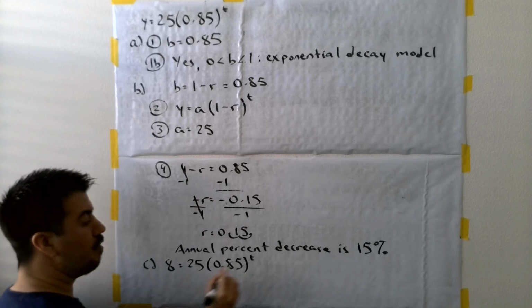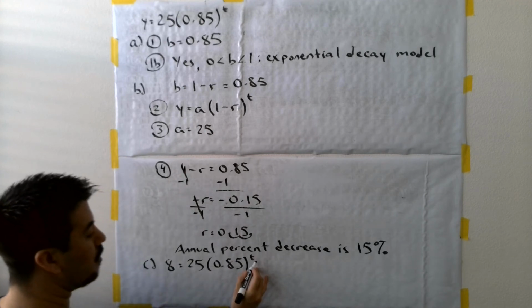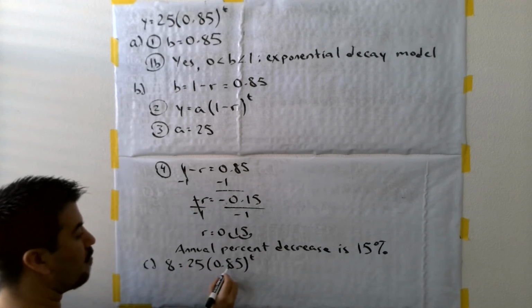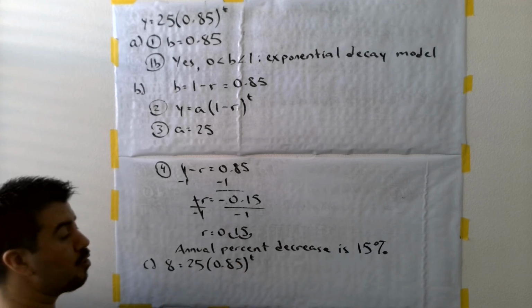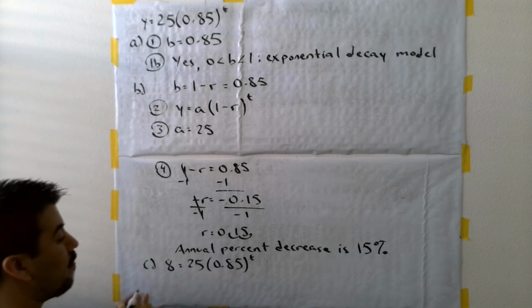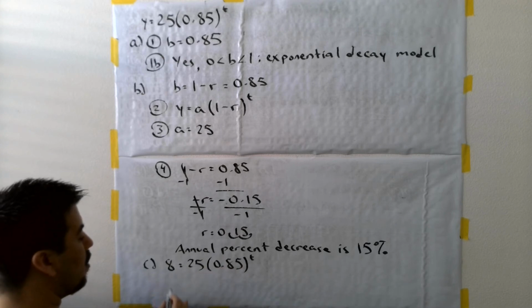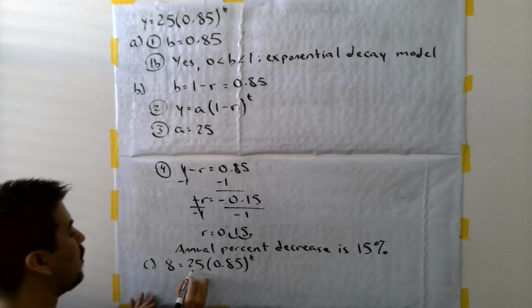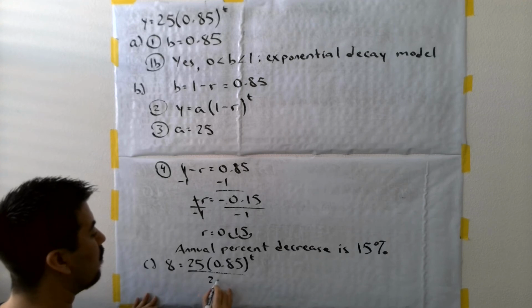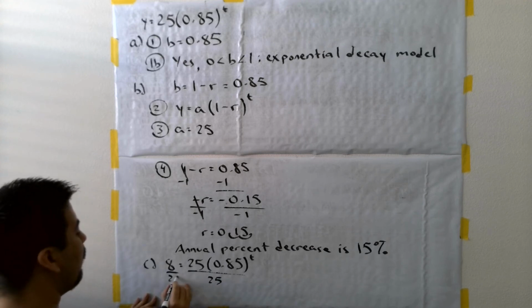Now, I could plug in values for t to figure out 25 times what value will get me 8. On the VR notes, I have a table listed out of different values that I plugged in to figure out when the y value would become 8. Another way of doing it is by doing the following. I'm going to divide both sides by 25.